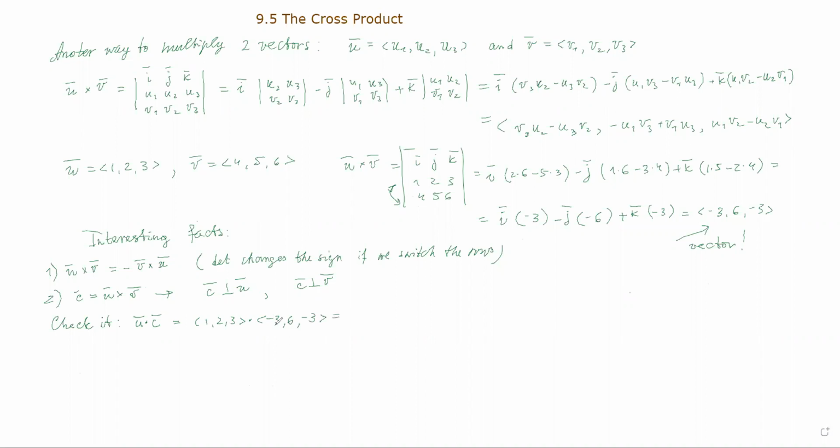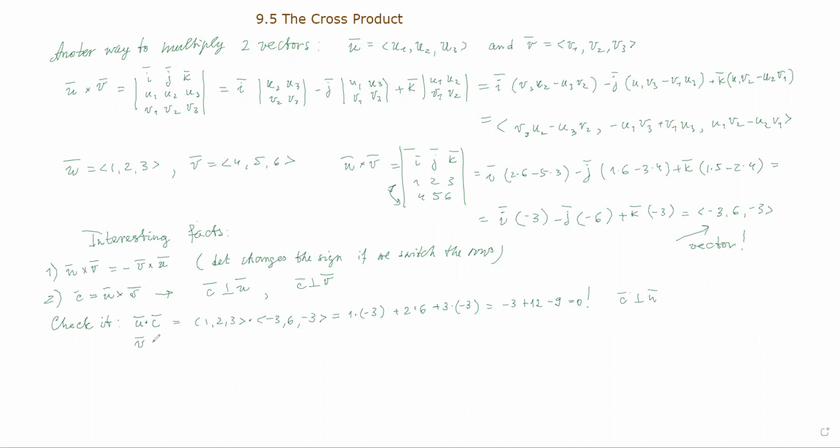Well, we multiply x, that's 1 by negative 3, plus 2 by 6, and plus 3 multiplied by negative 3. Now, let's multiply everything. It's minus 3 for the first one, plus 12 for the second one, and minus 9 for the third, you see, equals 0. So they are perpendicular. So C is perpendicular to u.